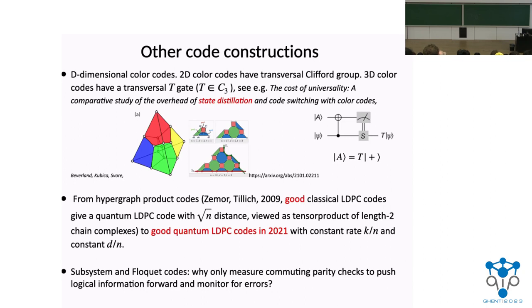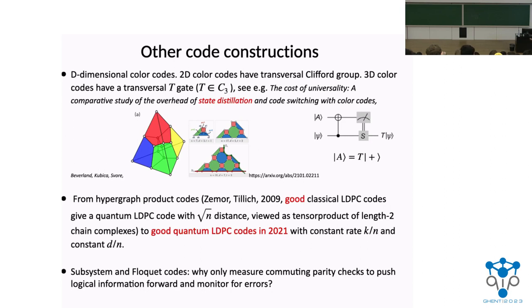Okay, so now other code constructions. What I want to do in the rest of my presentation is talk a little bit about subsystem and Floquet codes, because that's another novelty that you may have heard about and wondered about. But before I do that, I want to mention a few other things that maybe you've already touched on. I've mentioned the color codes, and they have a different construction because there are some constraints.